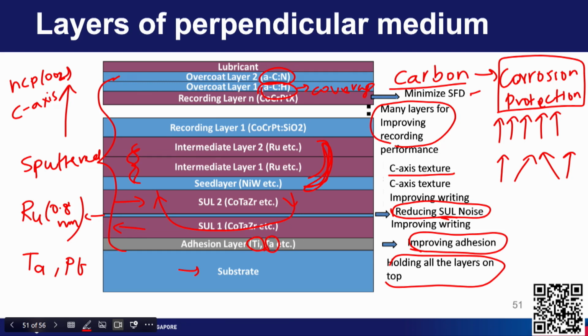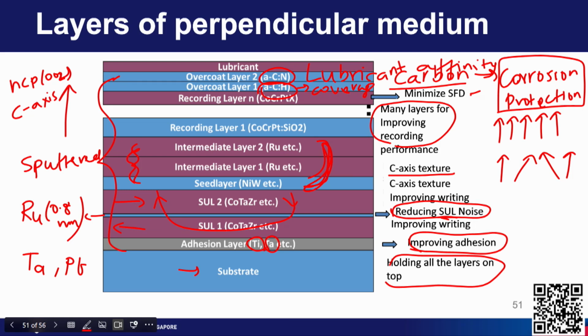The second carbon layer, with nitrogen, is needed for something called lubricant affinity. We designed this layer with the idea that we are going to have some lubricant at the top. This nitrated carbon has some chemical property that enables the lubricant to stick to the carbon very well.